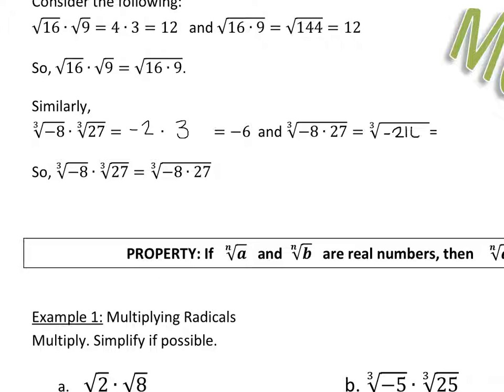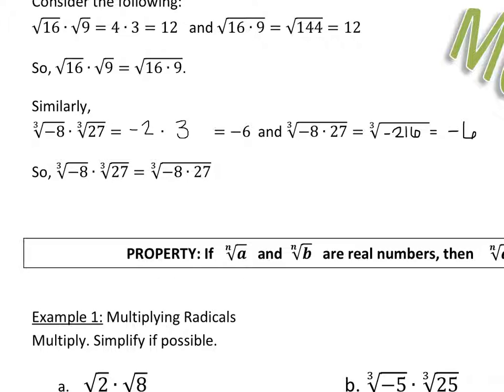What's the cube root of negative 216? Negative 6. You can do it in the calculator and figure it out. So if you deal with them separately, it's the same thing as dealing with them together underneath the root, right?